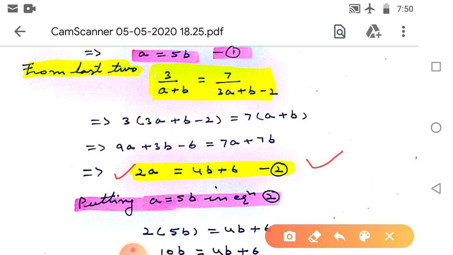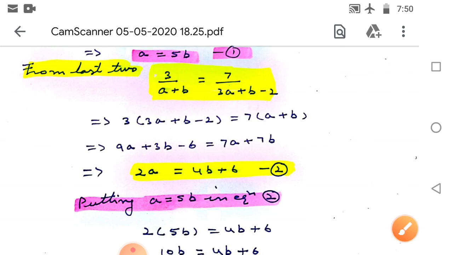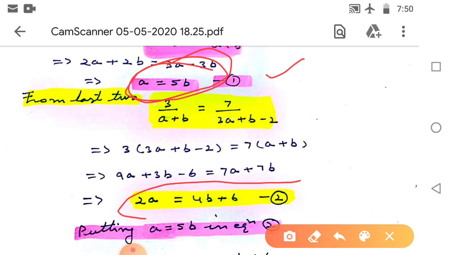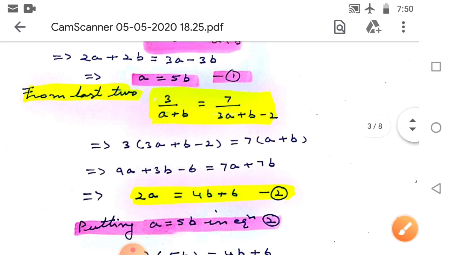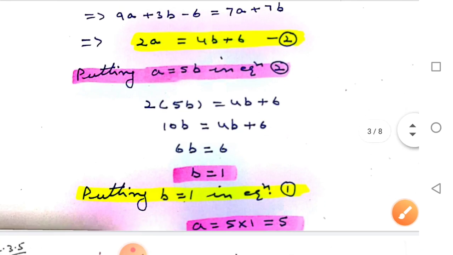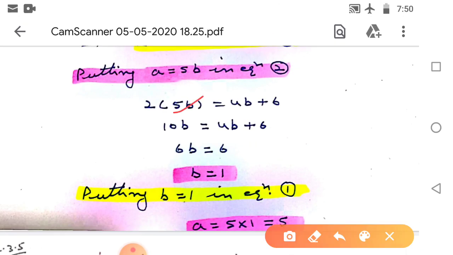Now, on putting the value of a, look here. From equation 1, the value of a is 5b. Put a is equal to 5b in equation 2. So, when we put the value of a as 5b here, 2 into 5b is equal to 4b plus 6.